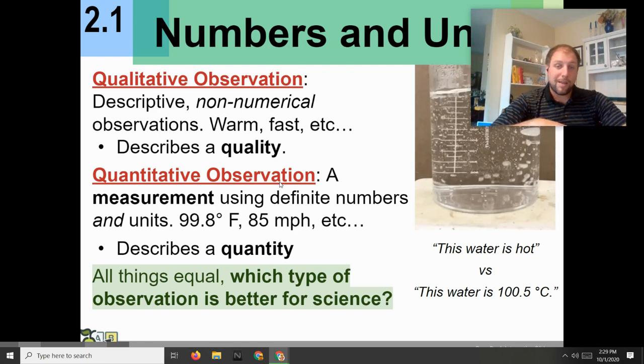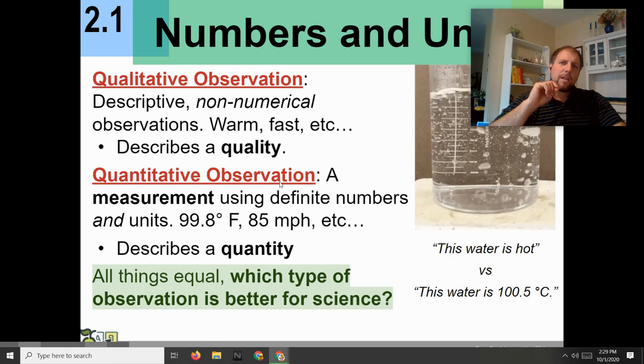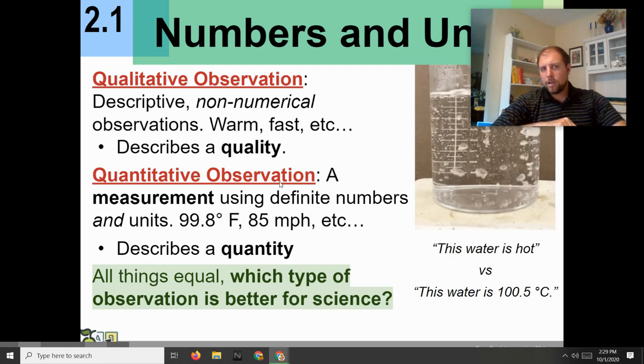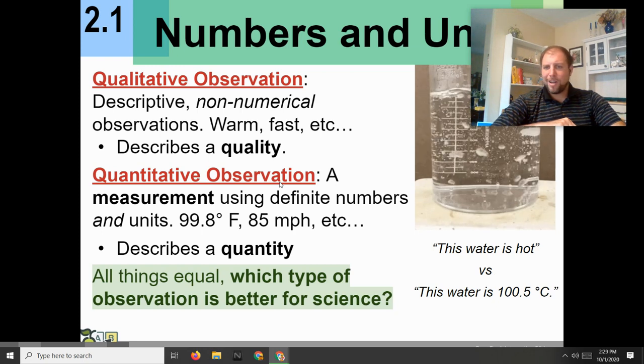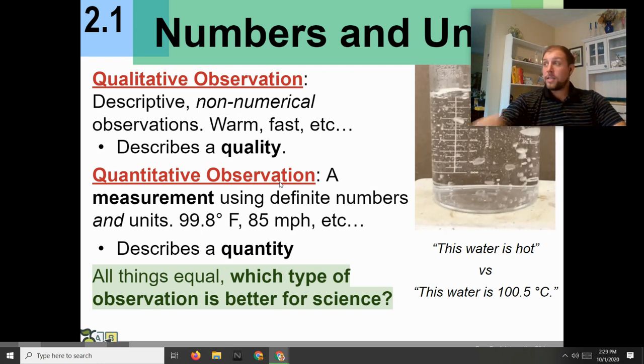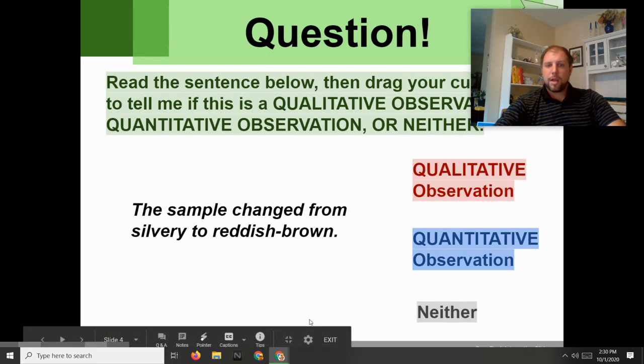What is it? Scientists have a way to numerically quantify color. Every color has a number associated with it, somewhere between 400 and 750, for reasons we'll talk about later in the year. You might not be able to make everything a quantitative measurement, but if you have the option, turn it into a number.